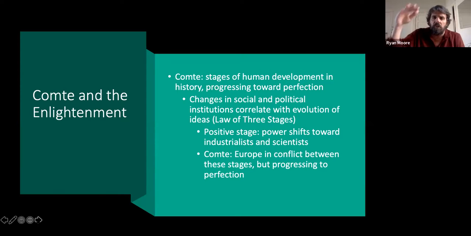So Comte is looking towards human development in history as progressing towards perfection, with changes in the social and political institutions that correlate with the evolution of people's intellectual thinking.